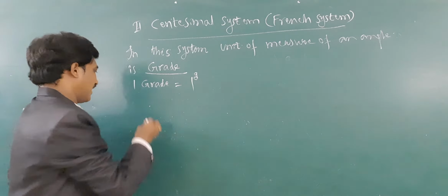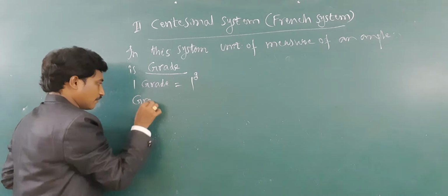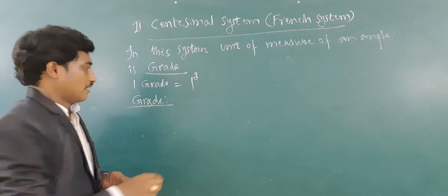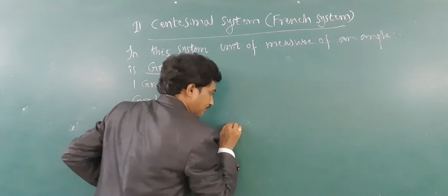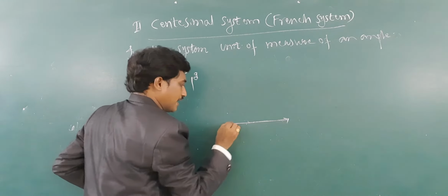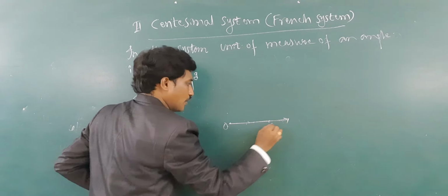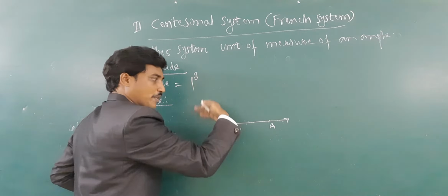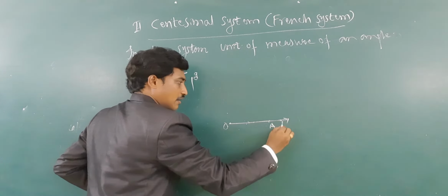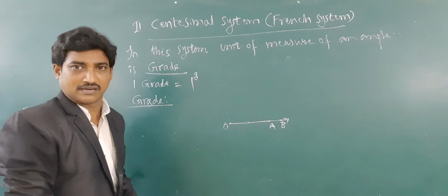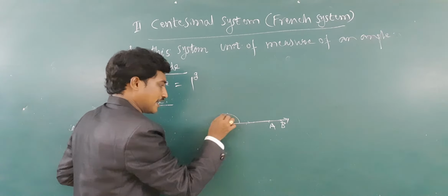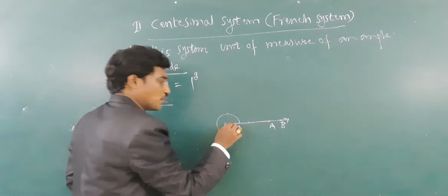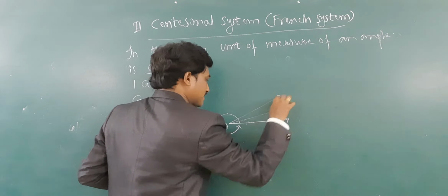Let us define a grade. A complete angle is a turn where the terminal side OB coincides with OA. Then the angle is called a complete angle. A complete angle is divided into 400 equal parts.